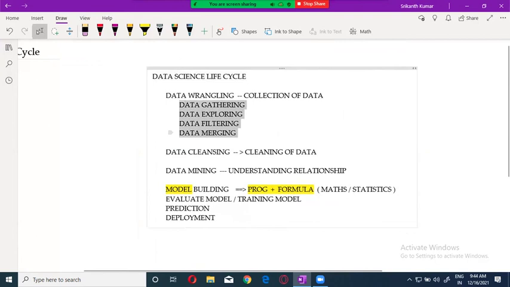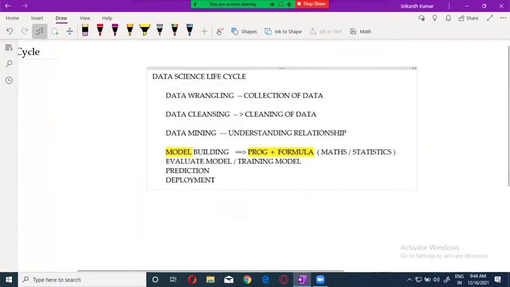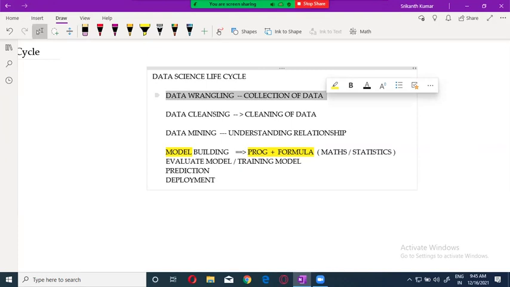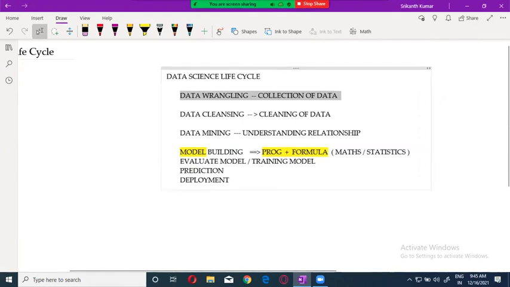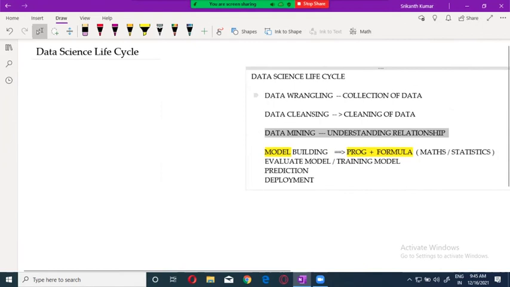Now, first, let's talk about data wrangling. Data wrangling is nothing but a collection of the data. As we discussed yesterday, in the whole of data science, the data plays a really vital role, and data collection is a very important part.